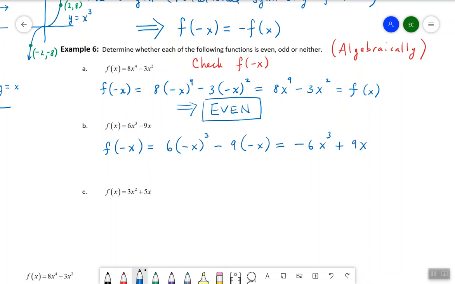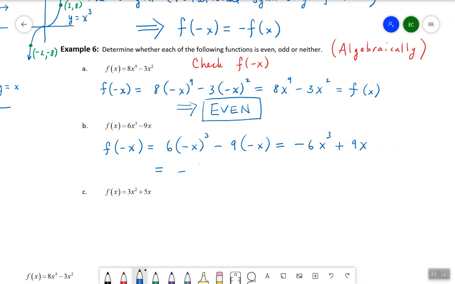We've simplified here. Now this is not the same as f of x, but if you look at it, the sign on each term is exactly the opposite of the sign on each term in the original f of x. And so what we can do is factor the negative out here.